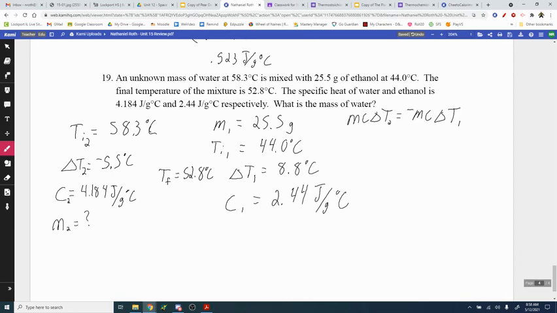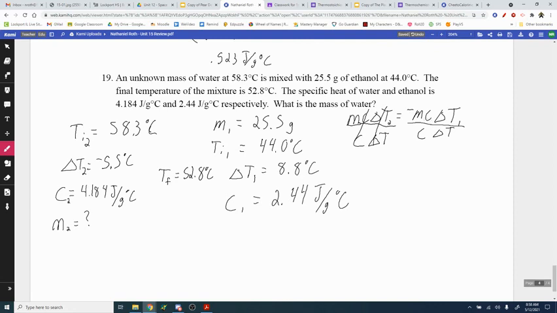So we want to get mass of water by itself. Okay, so we got to divide both sides by C delta T. So C delta T is going to cancel out on this side.